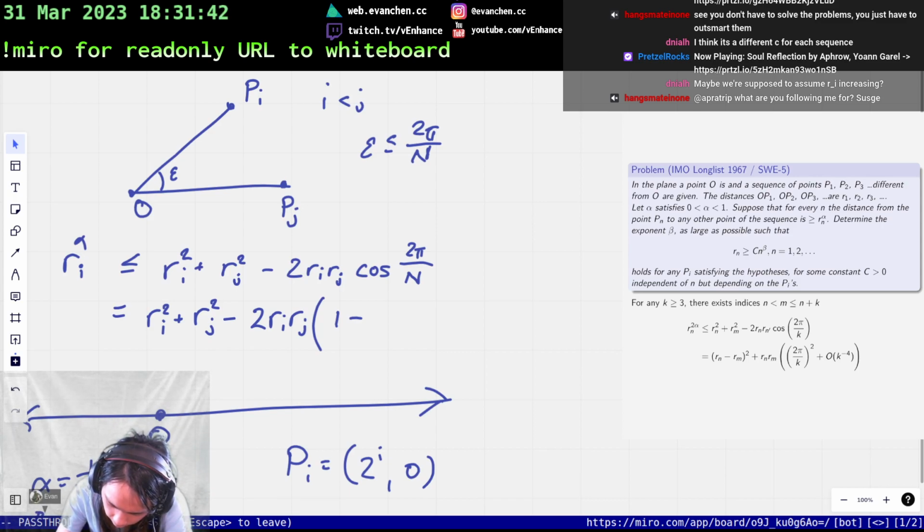Beta equals 0. Basically, for almost all I, you put the points somewhere far away where they won't cause trouble. And then every so often, I don't know where to put them, okay?